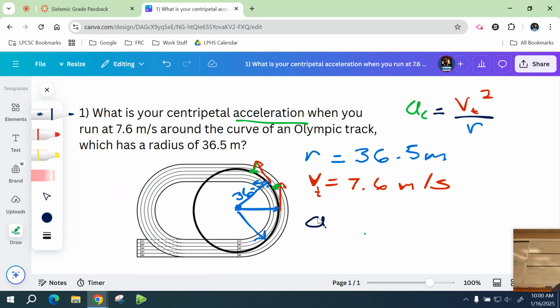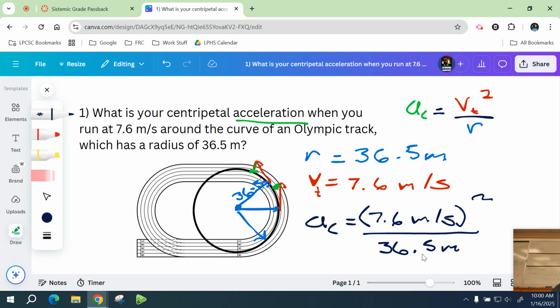So my centripetal acceleration is equal to 7.6 meters per second, squared, all over 36.5 meters, okay?